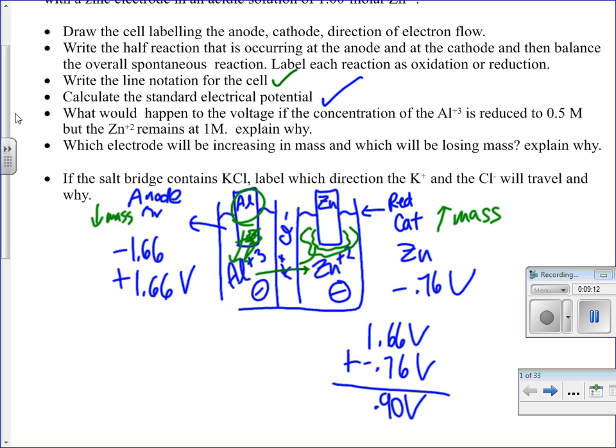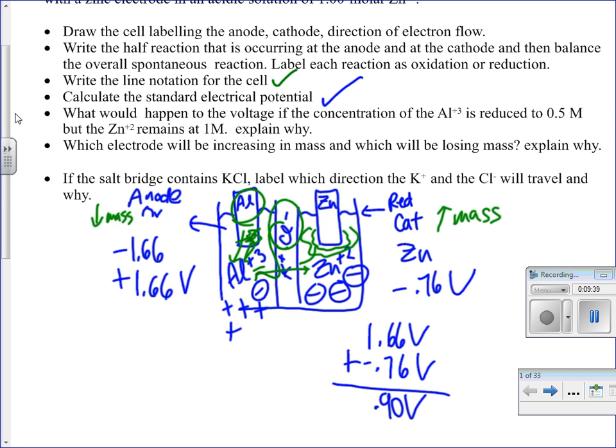And then the last question is about the salt bridge. I know that as I'm forming more aluminum plus 3, this side is becoming more positive. And as the zinc is being reduced, this side is becoming more negative. So I need a way to balance that out. That's what the salt bridge helps me do. The negative part of the salt bridge will travel over and help balance out that positive.